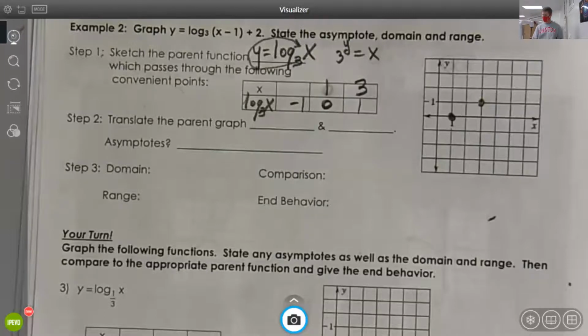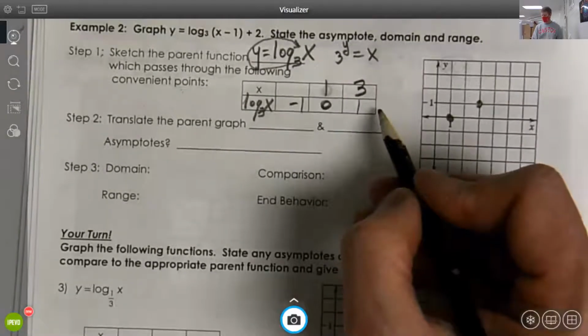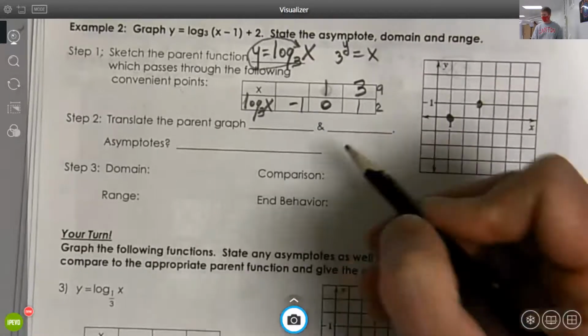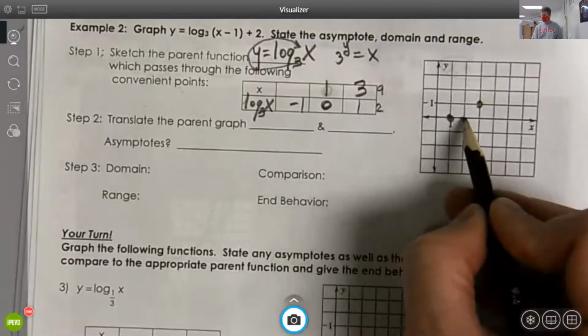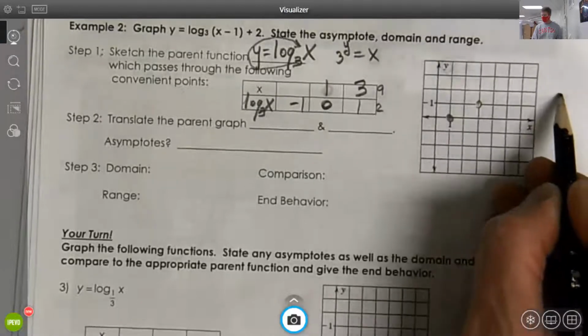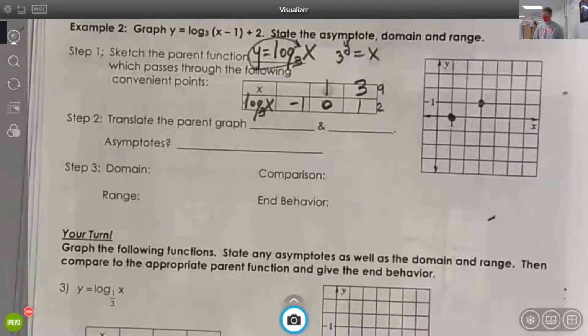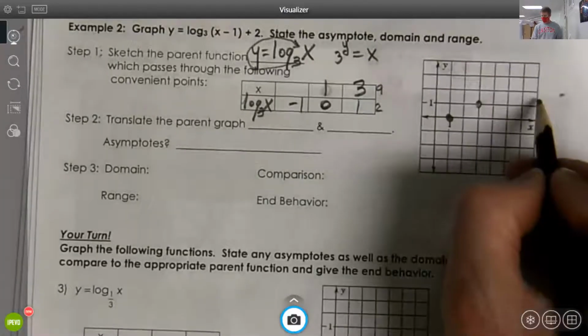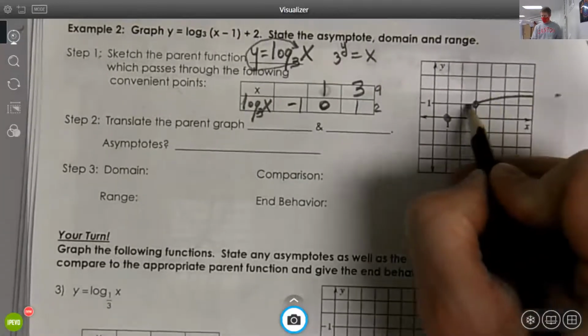You can continue moving to the right if you want. You could do 2, and that would be 9. Well, that's going to take you out 1, 2, 3, 4, 5, 6, 7, 8, 9. That would take you way off the grid. 3 would take you out to 27. So far, we've come in and look like that.